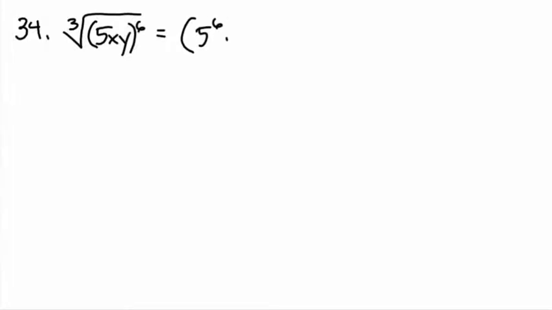and I have cube root of 5xy in parentheses to the 6th. So I'm going to distribute this 6 and make this cube root a 1/3 power. So I get 5 to the 6th times x to the 6th times y to the 6th, all of that to the 1/3 power. Now I have to distribute this 1/3 to all of these 6's.